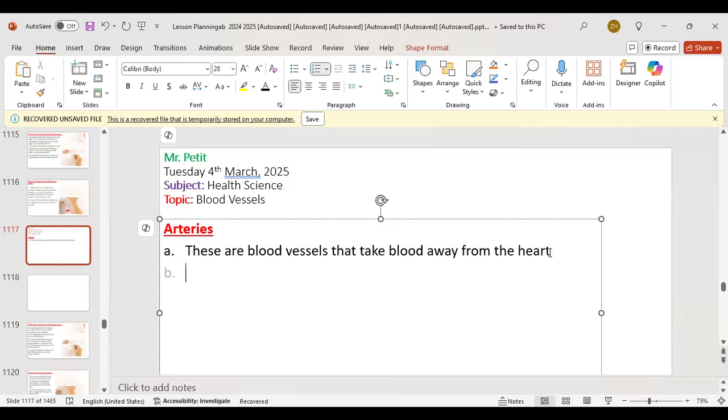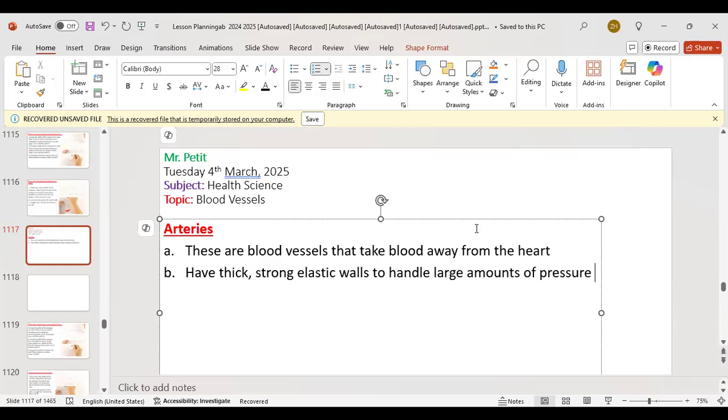How do they look? So arteries, not thin. They have muscular walls. Very good, Mark. They have thick, strong, elastic walls to handle large amounts of pressure.